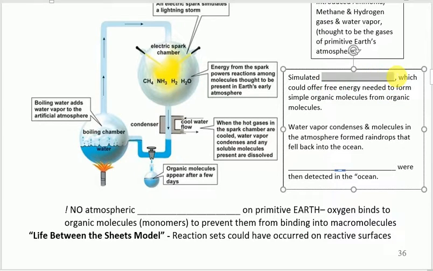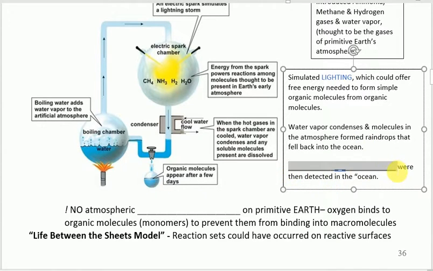So they simulated lightning, which could offer the energy that they needed to form the molecules. The water vapor condenses and the molecules in the atmosphere form raindrops that fell back into the ocean.